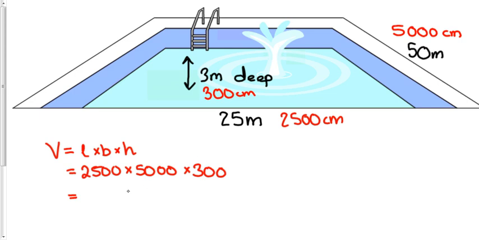So 25 times 5 is 125, and if I multiply that by 3, I'm going to get 375. Okay, how many zeros was I adding back on? 1, 2, 3, 4, 5, 6, 7.